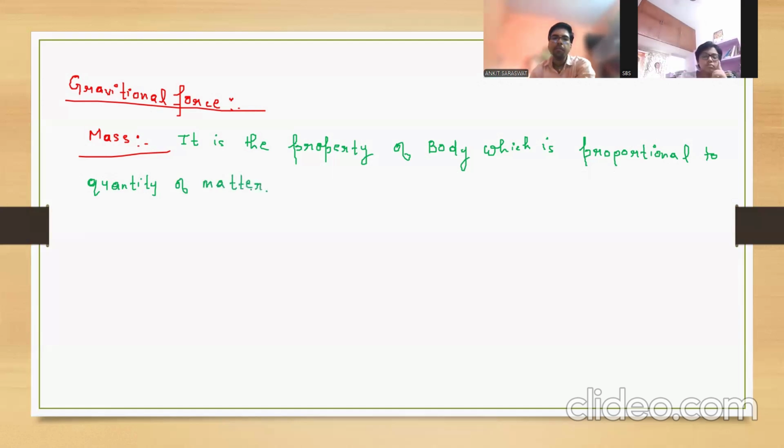So the more the quantity of matter, the more is the mass. So it is a property of body which is proportional to the quantity of matter.